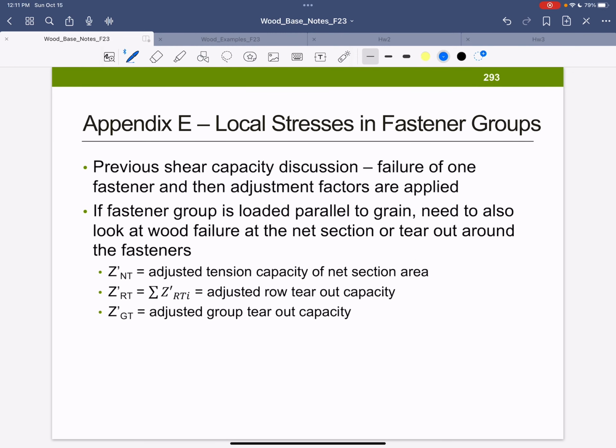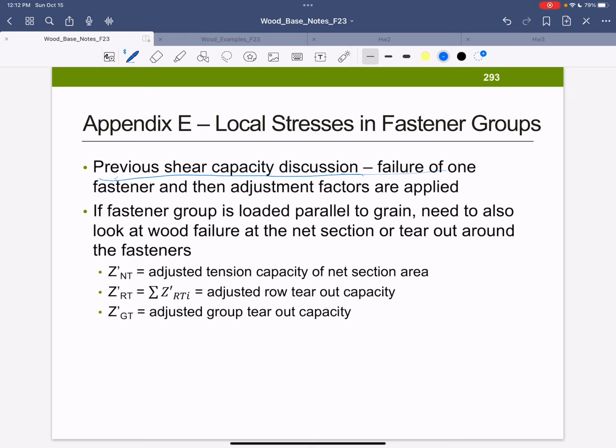Local stresses and fastener groups. Before, we were talking about shear capacity, failure of the dowel itself, the metal component. In our case, we're using all metal components. That's failure of one fastener, and then adjustment factors apply.